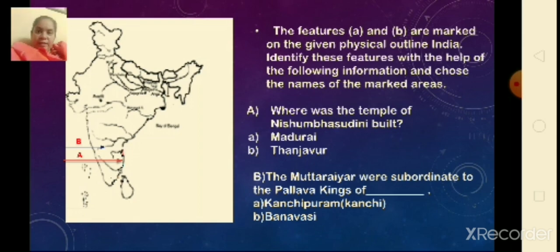If I have gone through the lesson and the map properly, obviously I would know where Thanjavur is placed. I would also know that Madurai does not come on the border. So, obviously the answer is Thanjavur.